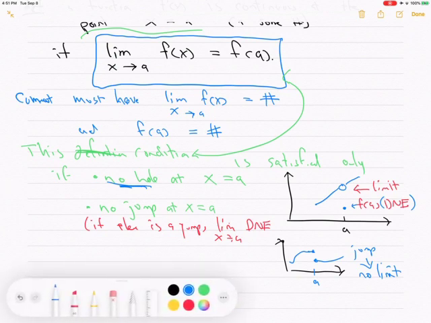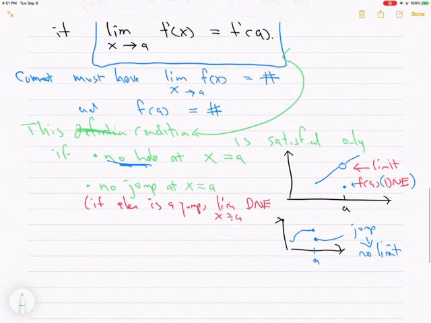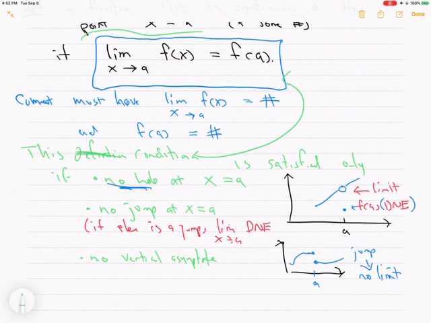And this definition also guarantees that there's no vertical asymptote. Okay? Because if there were a vertical asymptote, then you can't plug it in. That vertical asymptote means f of a would be like plus or minus infinity, which is not a number. Okay?